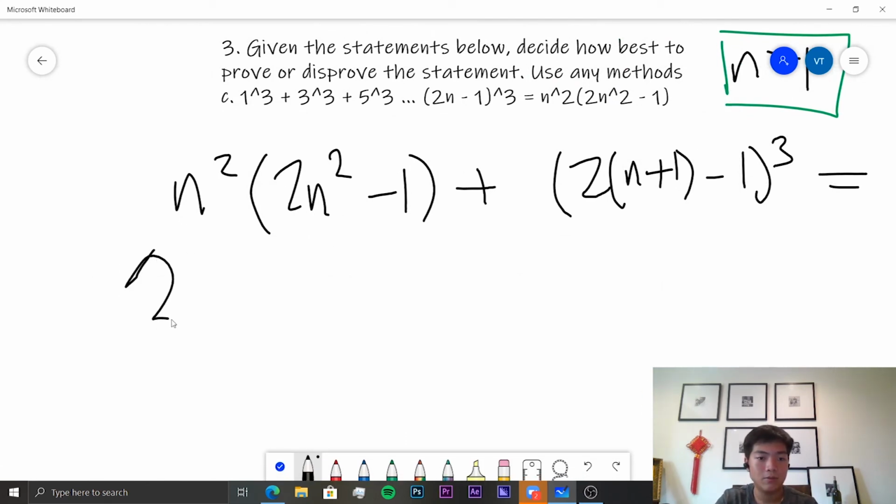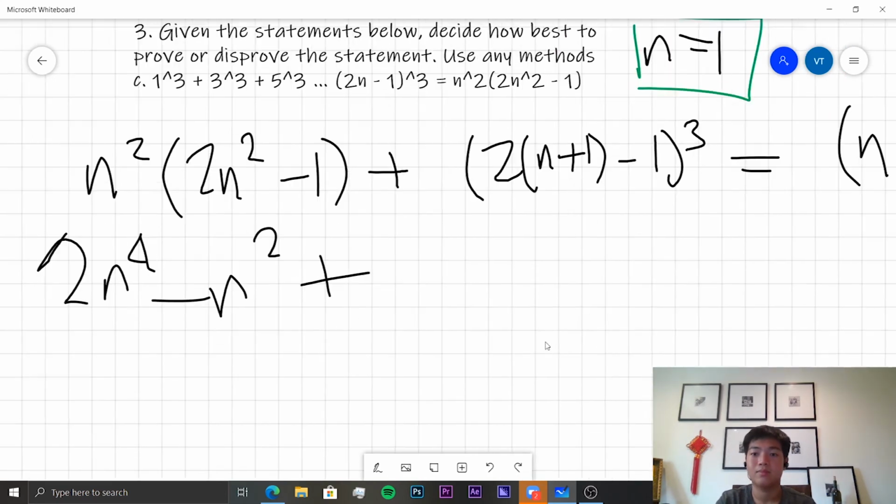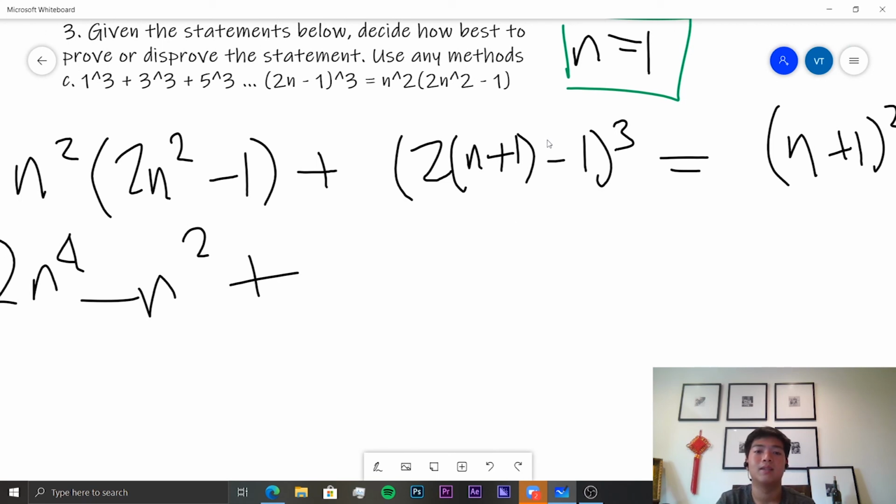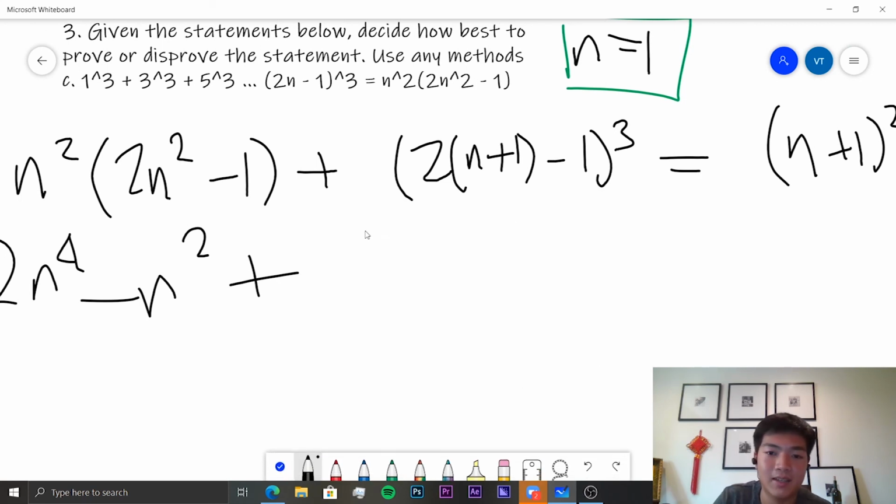So 2n to the 4 minus n squared plus, I have to expand this. Okay, fine. Plus, we can simplify this a little. This is (2n plus 1) cubed.